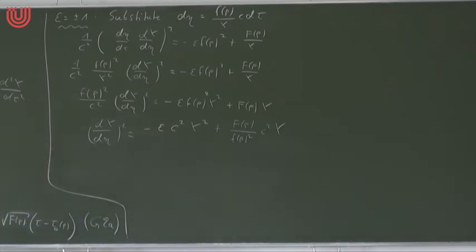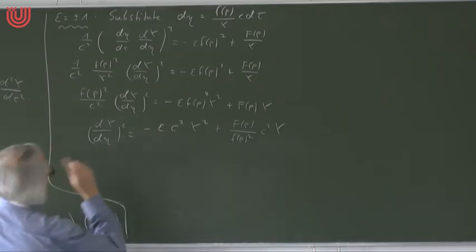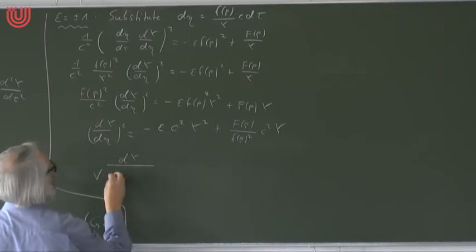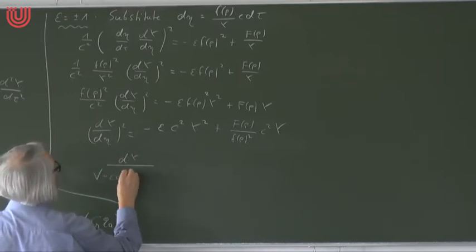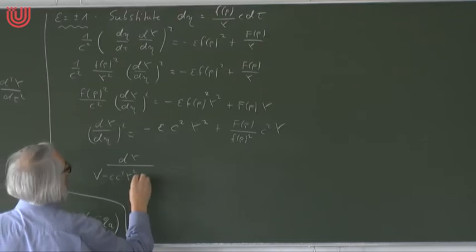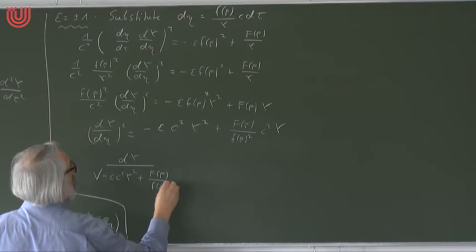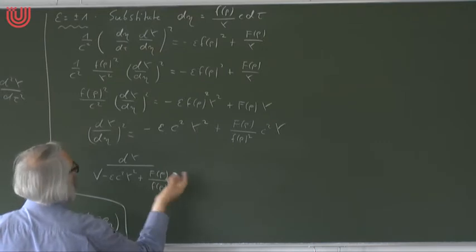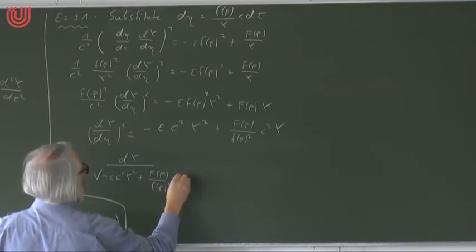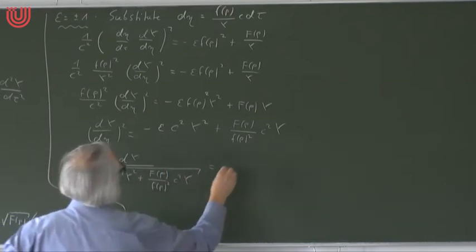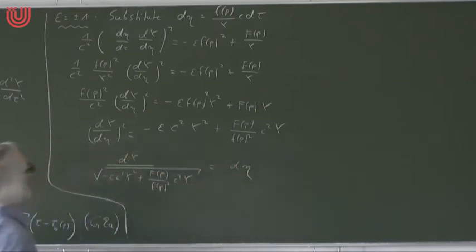I think that's correct now. So now I take the square root, and then I have dy divided by the square root of minus epsilon c squared y squared plus f of rho, squared. I could take a c out of the bracket, but that's not relevant. This is d eta. Okay?